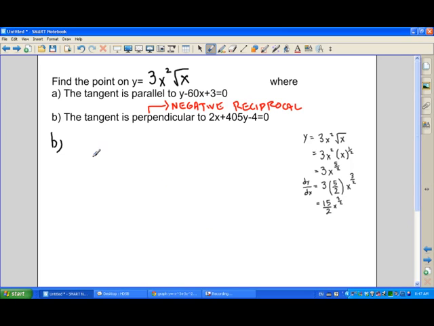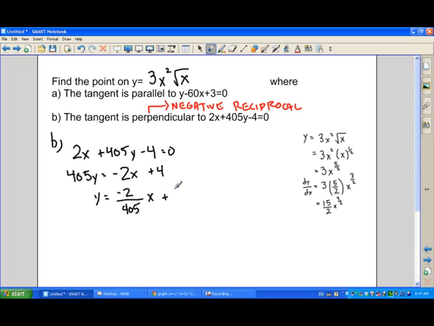So again, taking that equation of the line, 2x plus 405y minus 4 equals 0, and rearranging this to solve for y, to see what that slope is, I can see that my slope is negative 2 over 405.